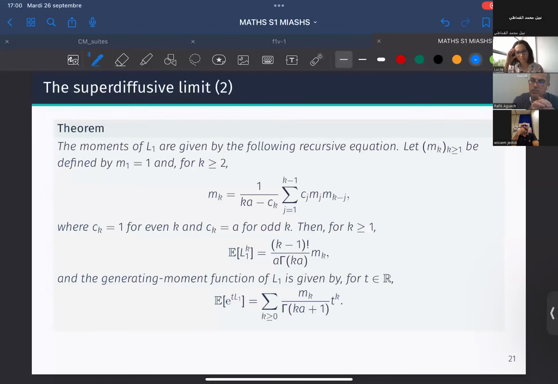Then, if MK is a moment, the last equation allows you at least to write a factorization in law for L1.